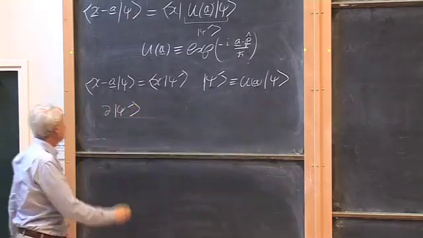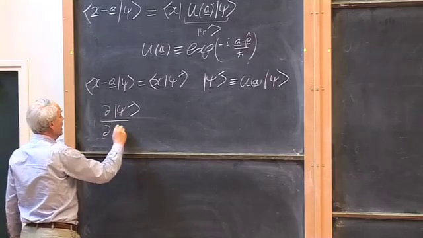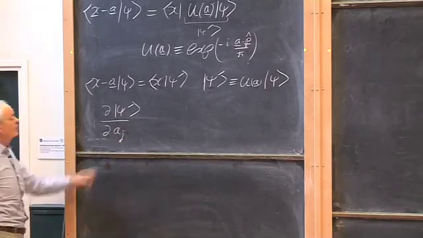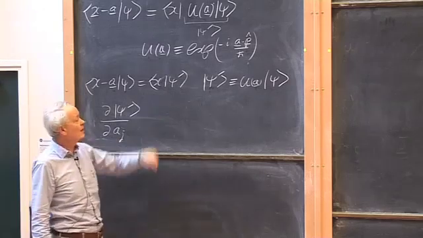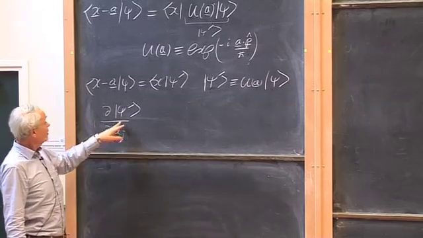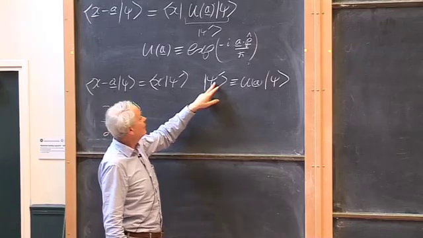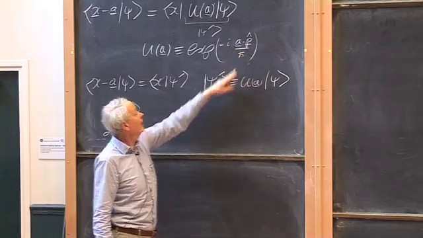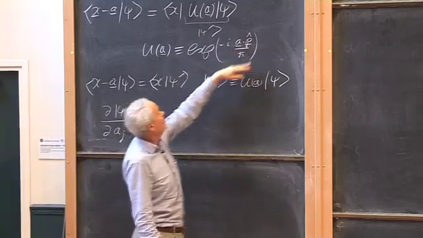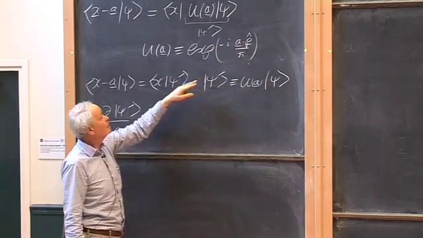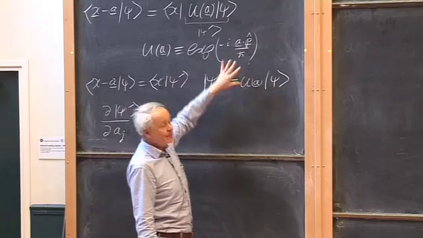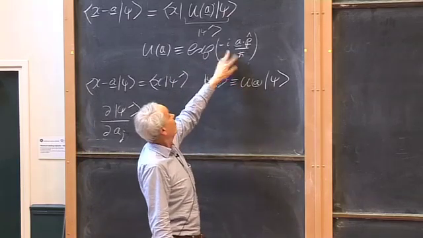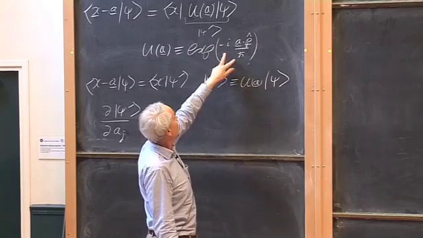So we can do d by d a sub j, to avoid confusion between the index i and the square root of minus 1. We consider the rate at which this thing changes when we change the parameters that appear in here. When you differentiate an exponential, as everybody knows, you get the exponential back.